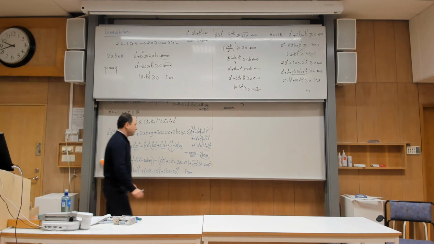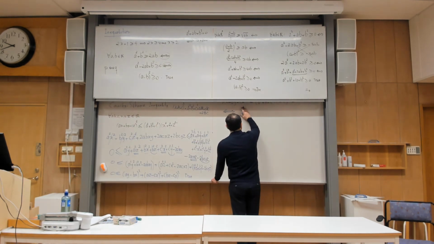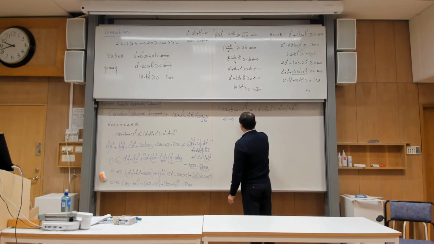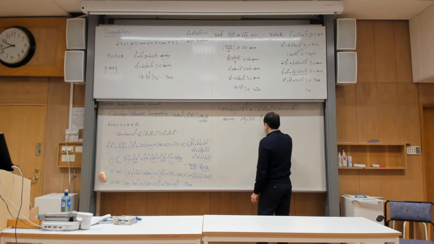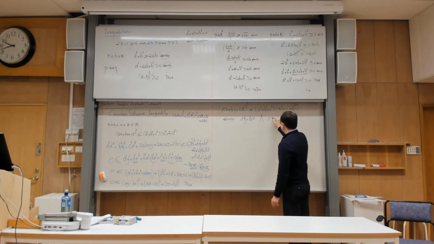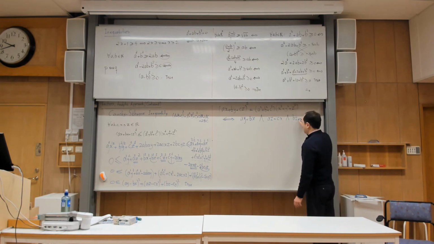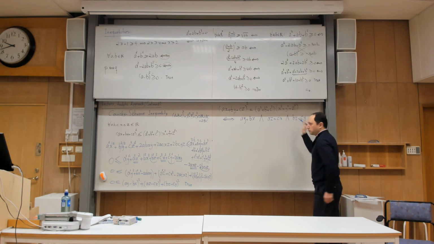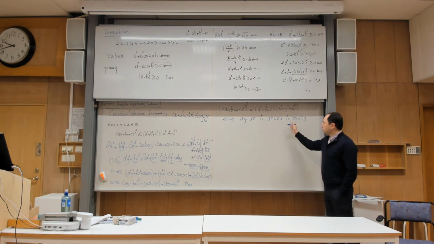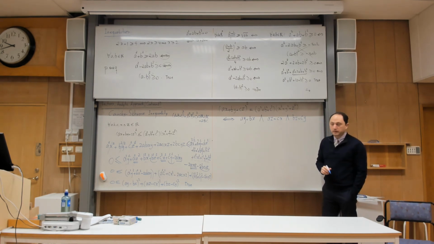So this happens if and only if AY is equal to BX and AZ equals CX and BZ is equal to CY. Agree? But I can do a little bit better.